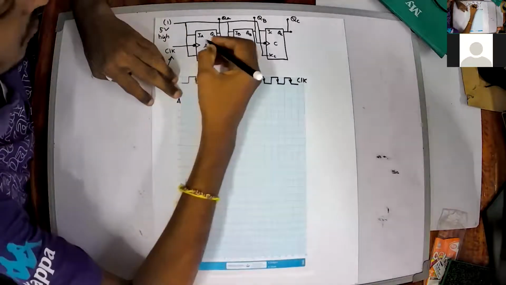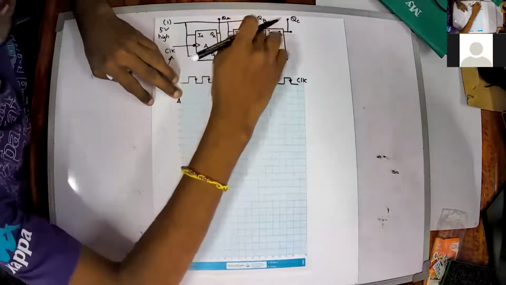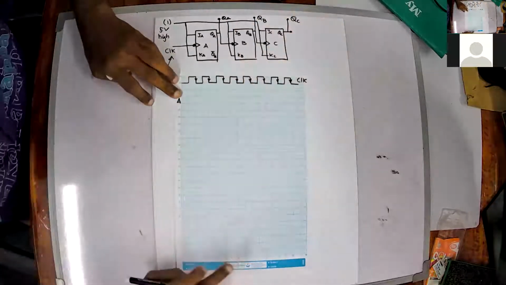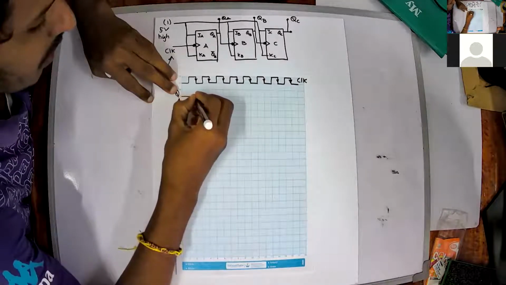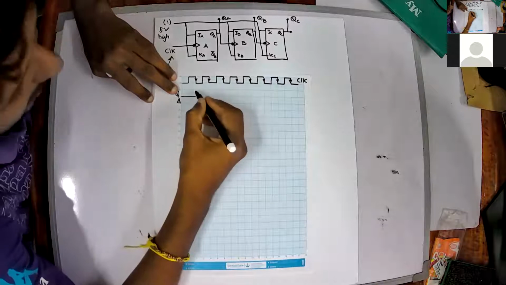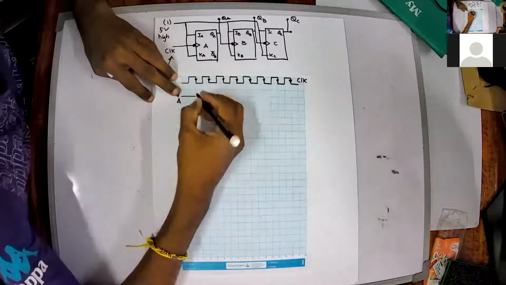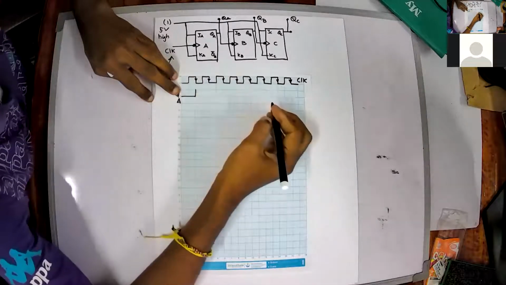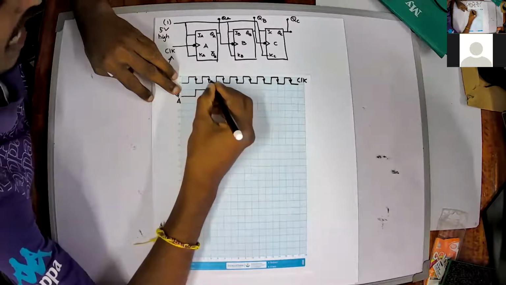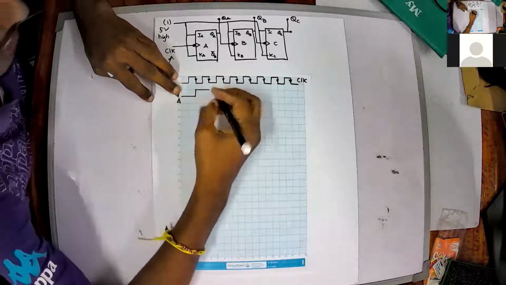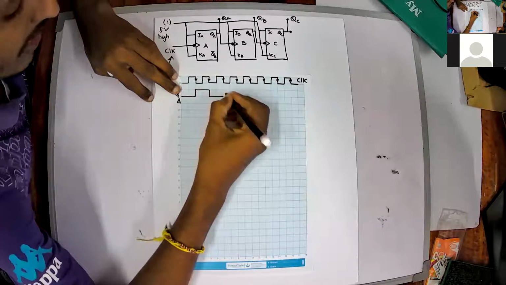For QA, assume that at initial stages all these flip-flops are at 0. So QA equals QB equals QC equals 0 when T equals 0. Whenever the first clock pulse is encountered, or whenever the first negative edge is detected, your output will be toggled, and that will be maintained until it detects the second negative edge, and then that will be toggled again.